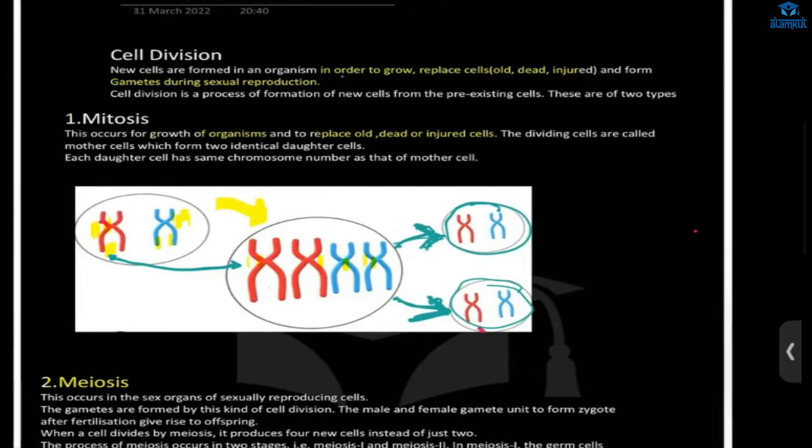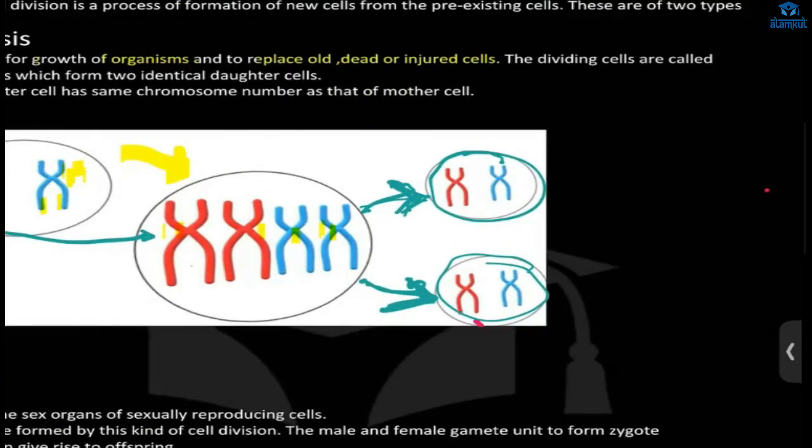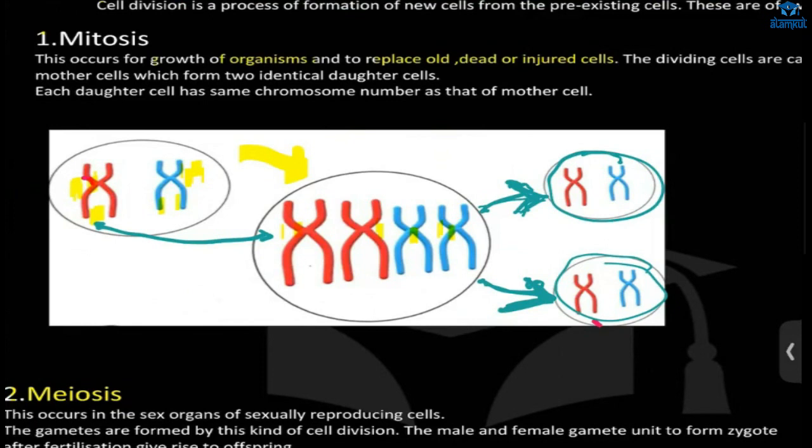This is mitosis. In a cell, we have a nucleus, and in the nucleus we have chromatin. Usually, when there is no cell division, there will be chromatin. When cell division is happening, at that time you will find chromosomes, which are a form of chromatin material.